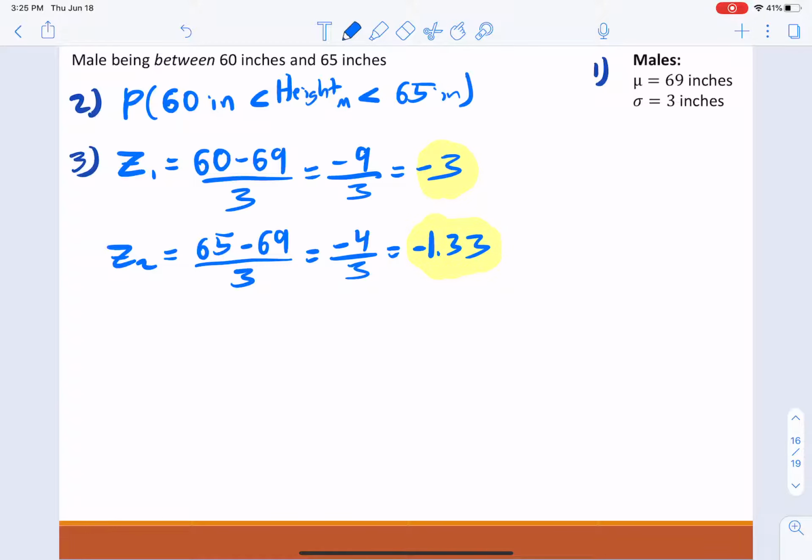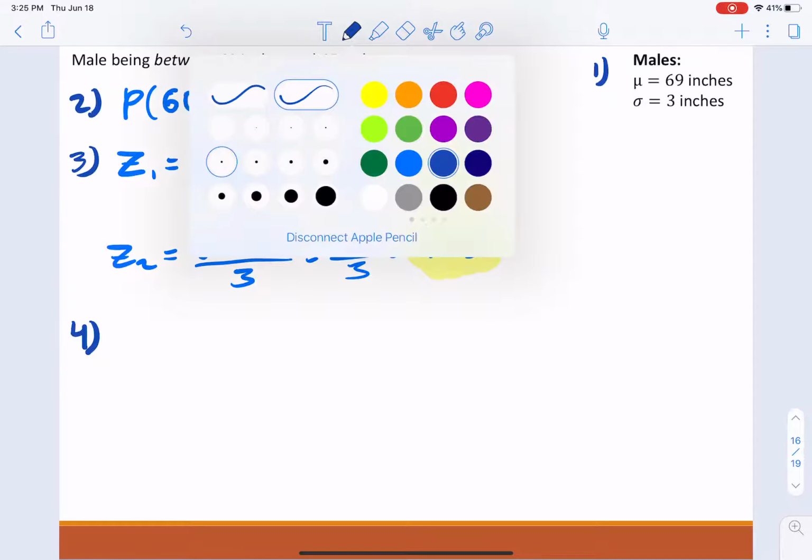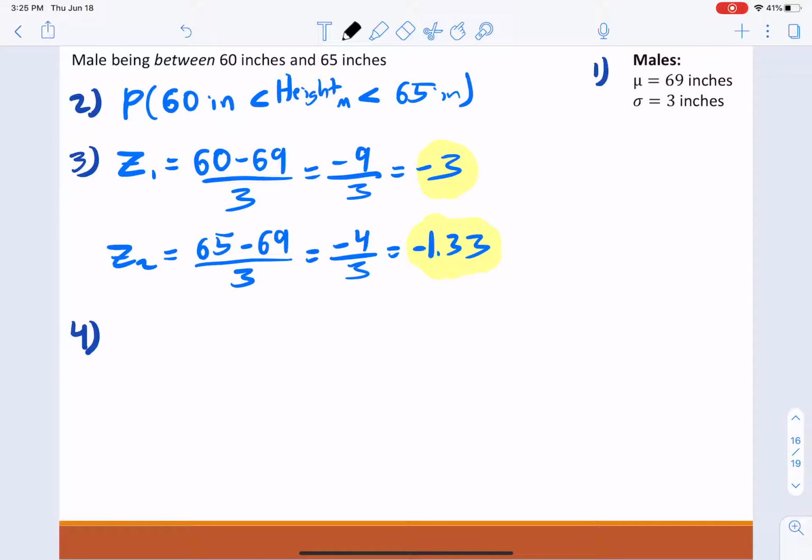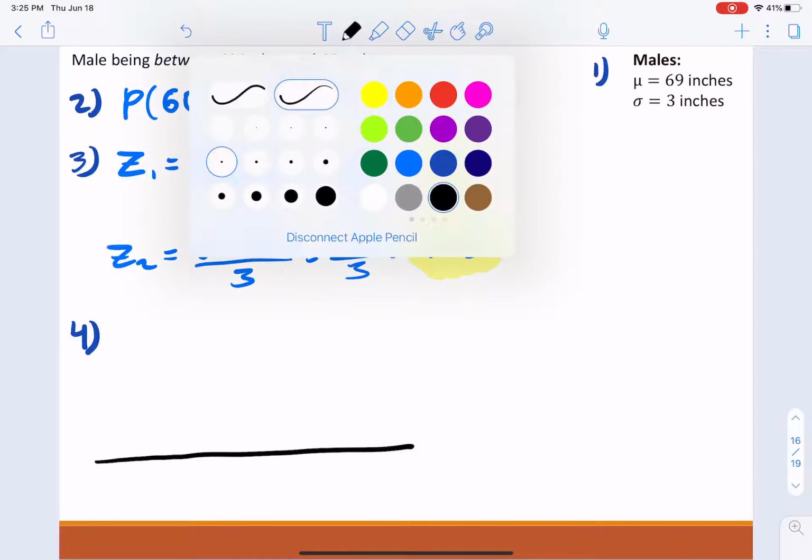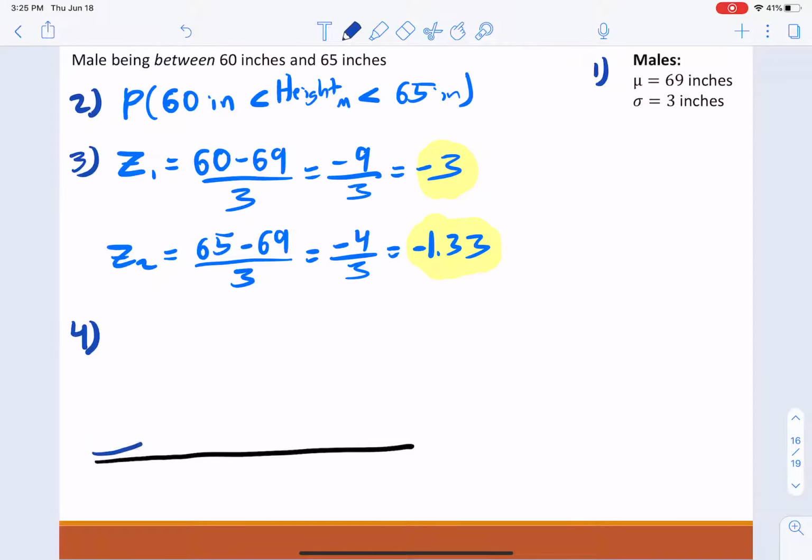And then we'll move on and let's sketch it. Now, this picture is going to look just a little different than our last one, but it's okay, right? This is just going to help us organize our thoughts here. So, go like this. Draw the normal curve. Looks like that, right? Almost. Label it appropriately.